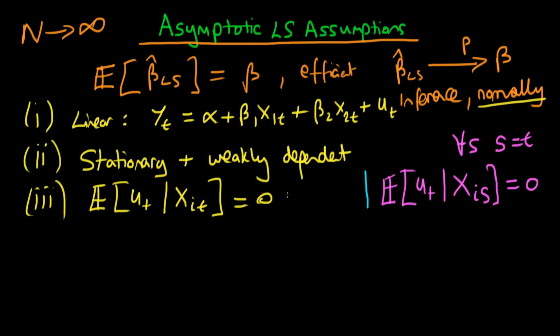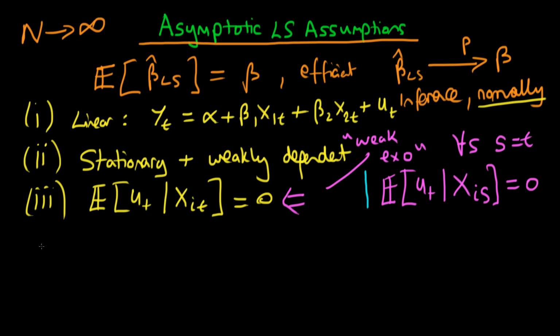Whereas this particular assumption is saying that this only has to hold for those values of the independent variables at that particular time. And this assumption is what we call weak exogeneity, as opposed to the strict exogeneity which we needed for the Gauss-Markov conditions.